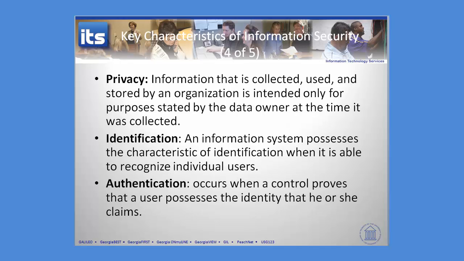What about privacy, identification, and authentication? So privacy basically means that data is only used for the purposes stated by the data owner at the time it was collected. So privacy means I'm going to share with you how I'm going to use that data. Y'all all know this, but if you don't, I'll tell you right now. If you put your data up in Dropbox, that free app that's out on the web, it will faithfully store that data for you. It will ensure the integrity of that data, assuming you have a strong password.